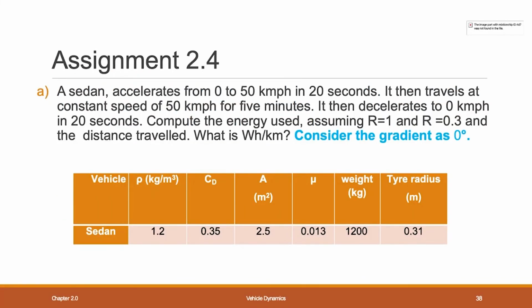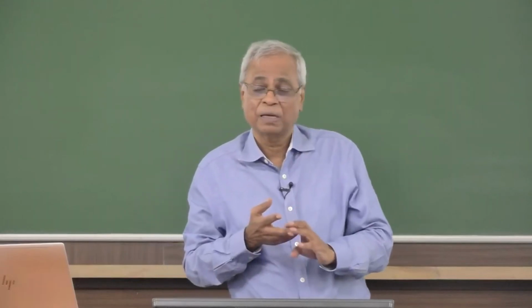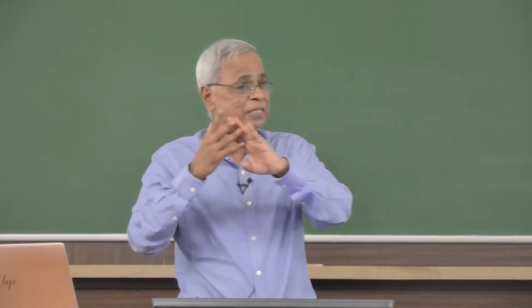Let us take R equal to 0.3. Now, I have to actually compute the energy required during acceleration. I have to add the acceleration force plus the drag force plus the rolling resistance force, and compute the power required for all these three.